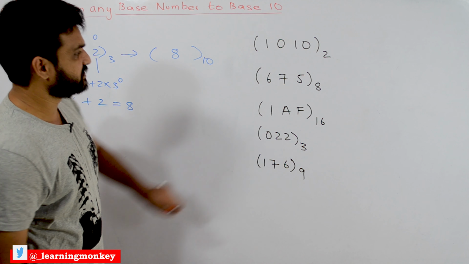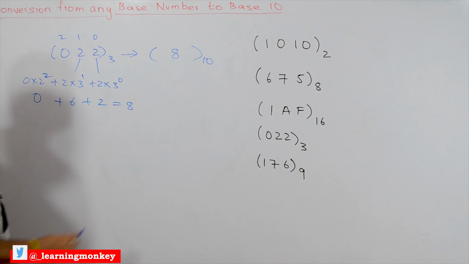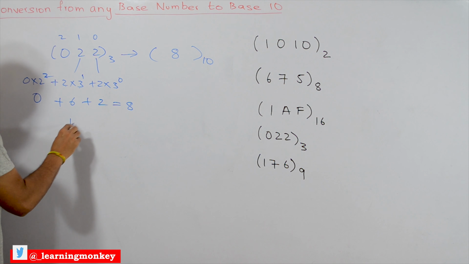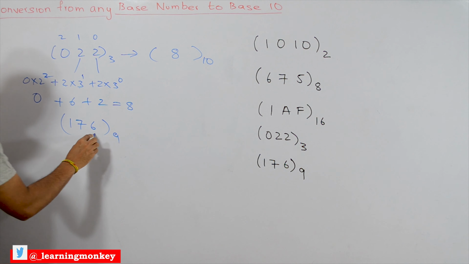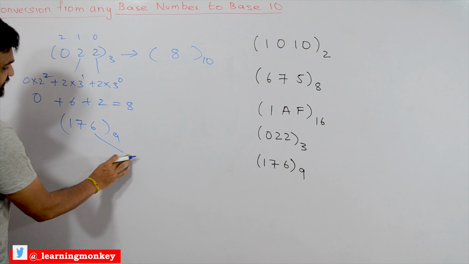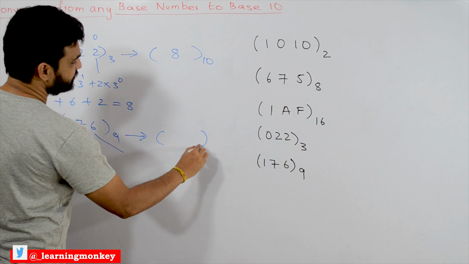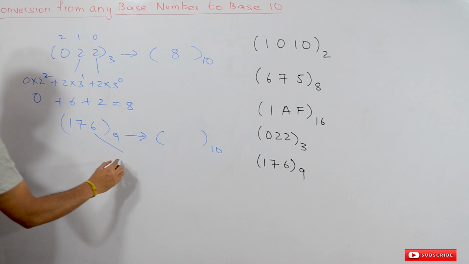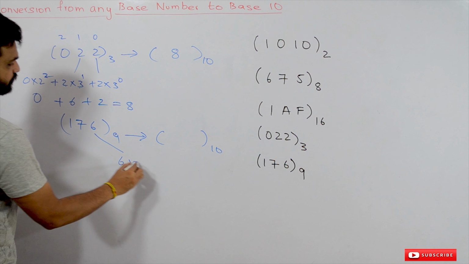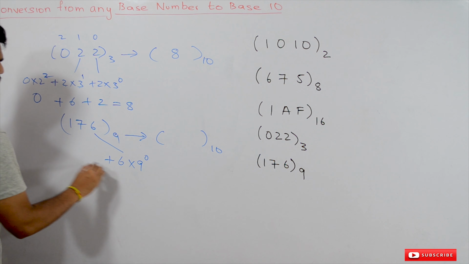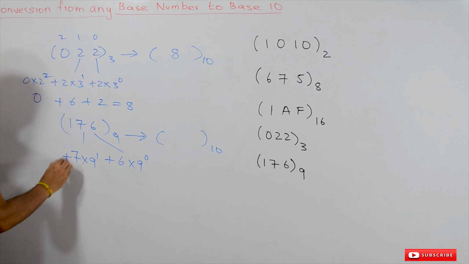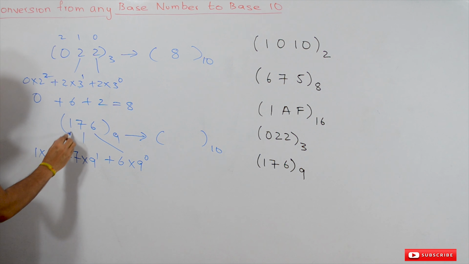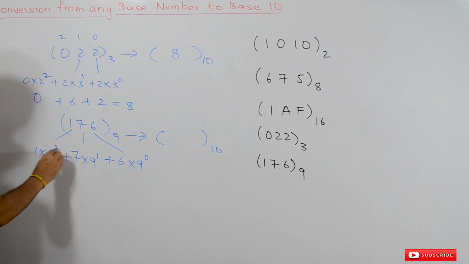Similarly, what is this number? 176 in base 9. This base 9 number has to be converted into a base 10 number. How to convert it? It is 6 into 9 power 0, plus 7 into 9 power 1, plus 1 into 9 power 2.